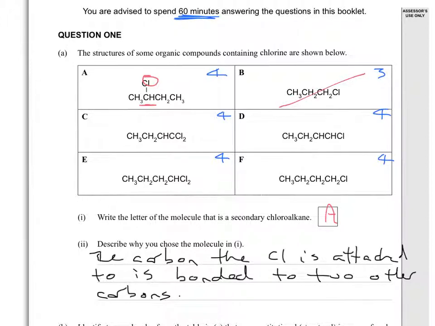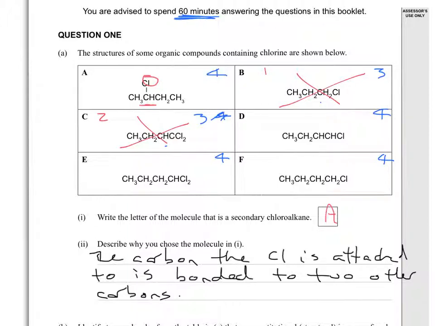Automatically, let's get rid of that one. Wait a minute. Let's just double check here. That one has 3 carbons. So they had 3 carbons, and that one had 3 carbons, but 2 chlorines, right? And 1 chlorine. So we'll get rid of both of those. Okay, so we're happy there.